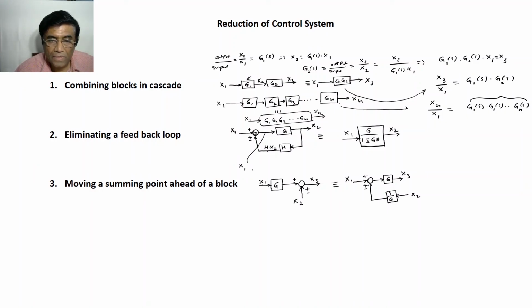Here, depending on plus or minus, you are having X1 plus or minus H X2. So this is what you have, times G. So this is the signal, times G equals your X2. Clear? Very clearly understood, because this is very simple, right?